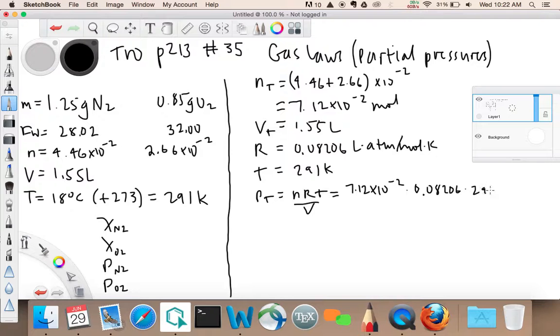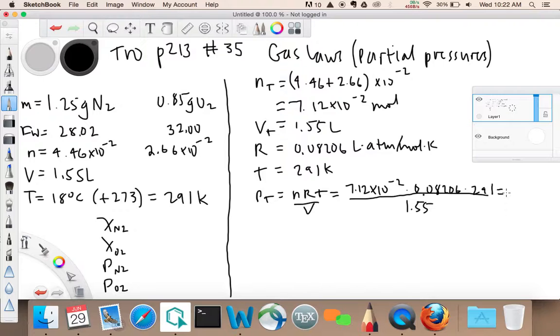But those are really super helpful. 291 kelvins divided by 1.55. Now, I really want to reiterate, this is very important. It turns out that those units are critical, and if I don't have the right units in there, it simply won't work.